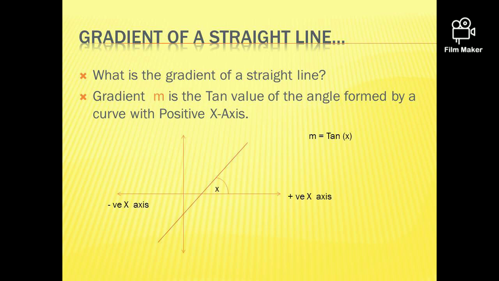From this diagram, I think you can understand the angle formed with the positive x-axis, that is the angle x. Then if you measure tan x, the tan value of that angle x, that would be the gradient of the straight line. So simply we can say gradient m equals tan x.